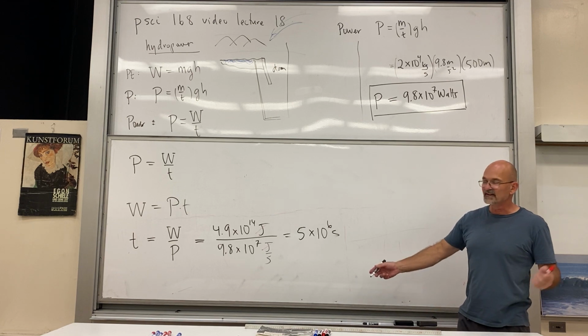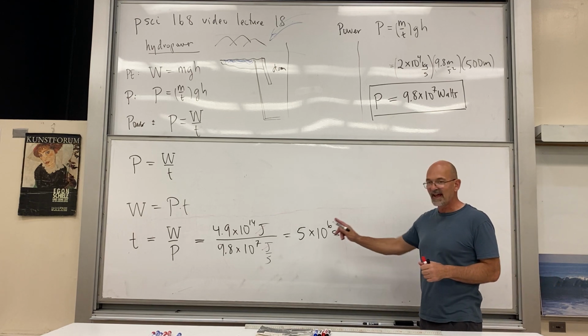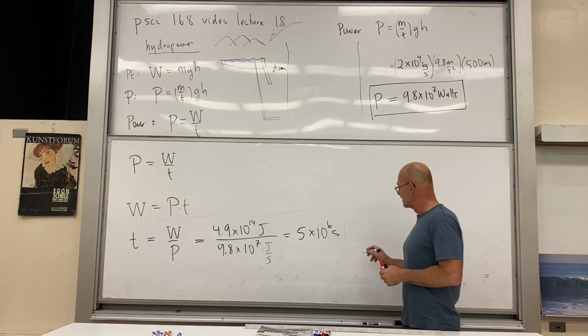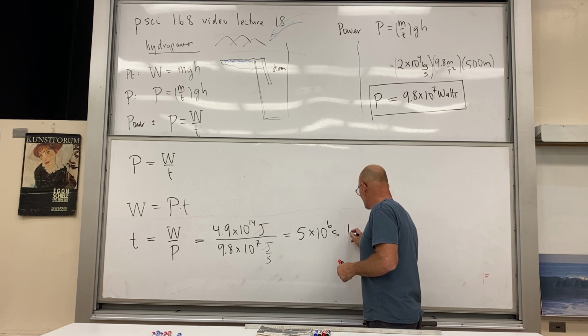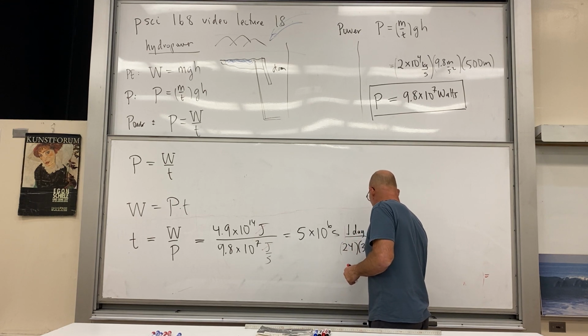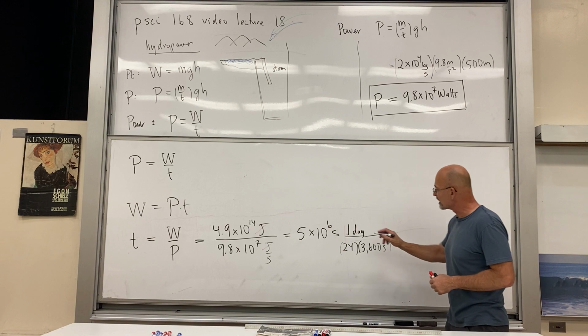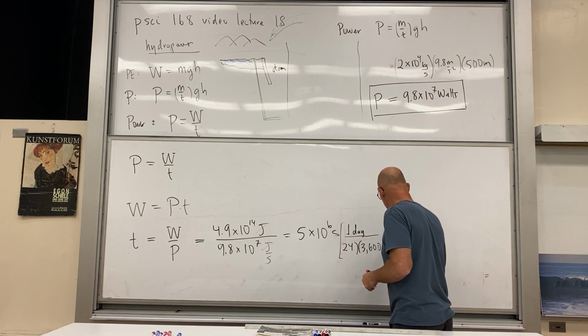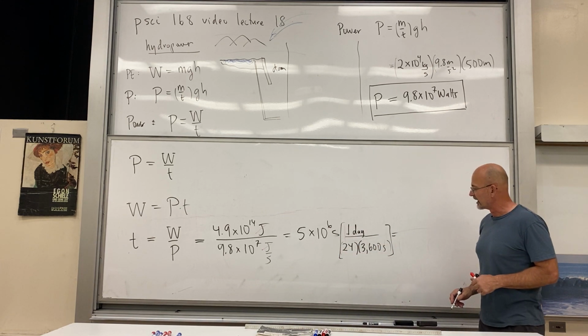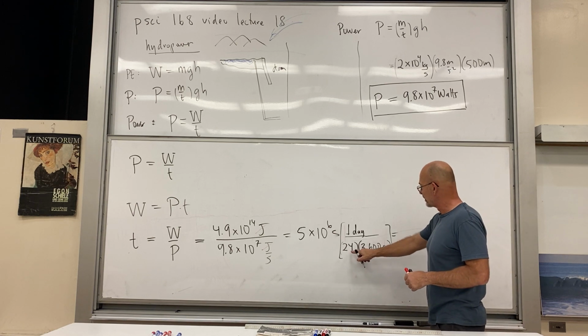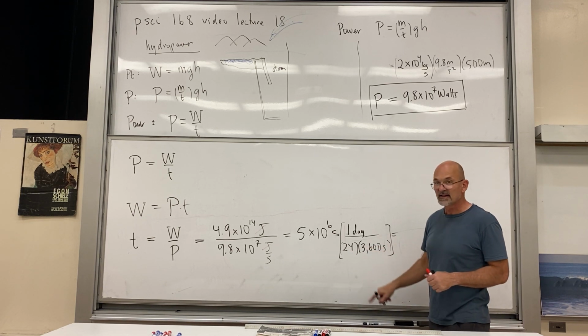Now how many seconds is that? That's a lot. How many days is that? Maybe that's a better question. So we can write 1 day divided by 24 hours, which is 3,600 seconds. Okay, so this is a conversion again. Right, 1 day equals 24 hours, and 24 hours is 3,600 seconds.